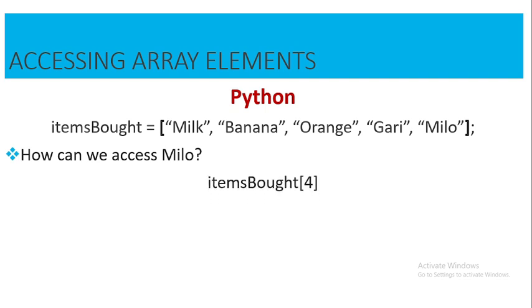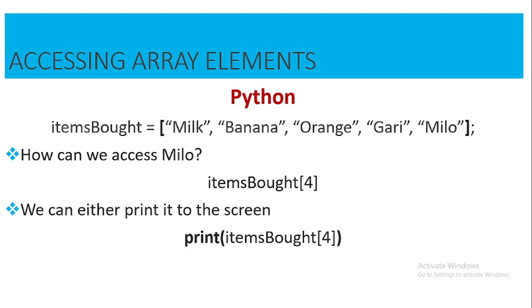We also use the same format: items-bot, then the Milo index in square brackets. To print it to the screen, in the Python programming language you use print. Then the item you access goes inside the print function. So items-bot, square bracket open, 4, then square bracket close.